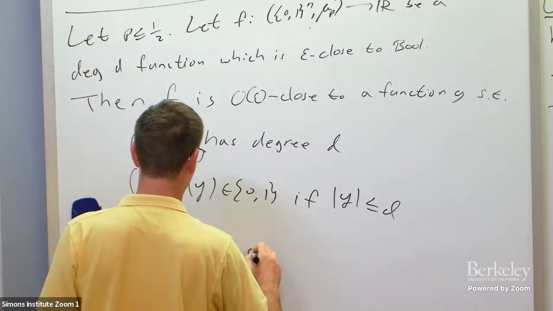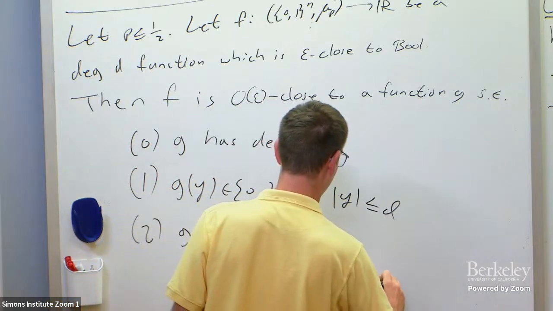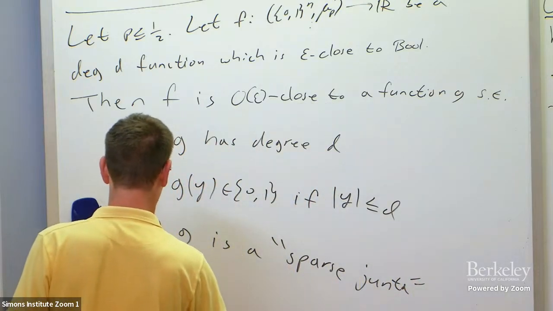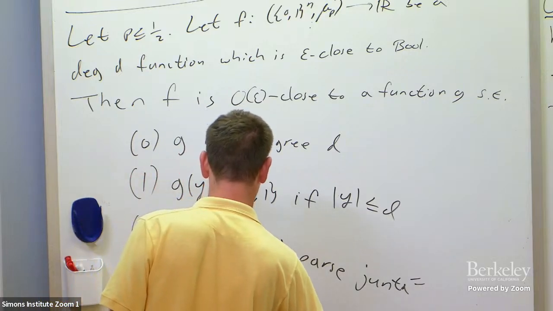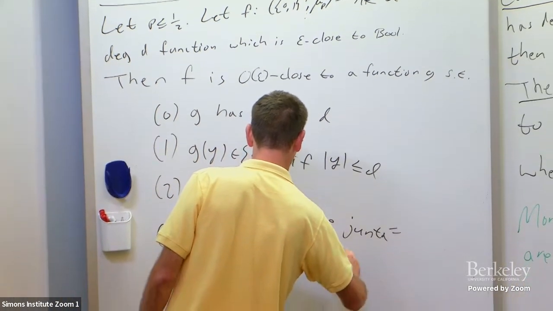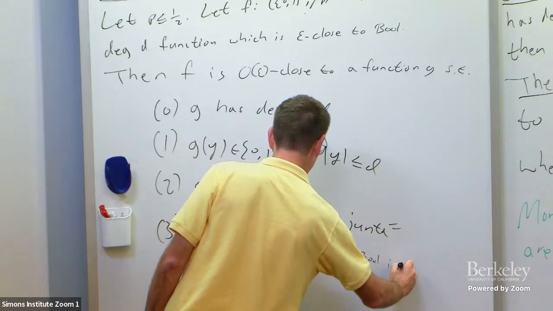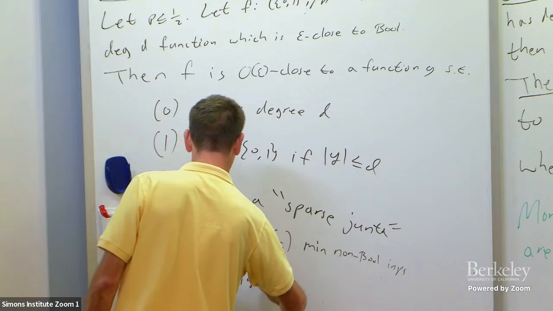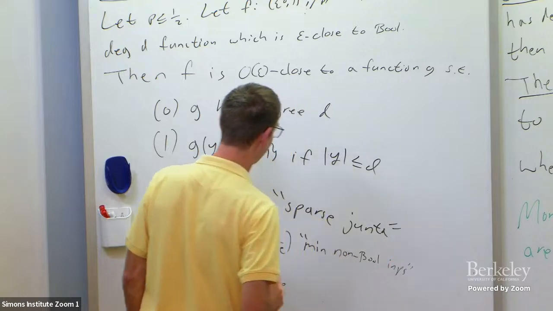G is sparse junta, so this I'll define. And G has order epsilon over P to the E minimal non-Boolean inputs of weight E, which is also something I will define.